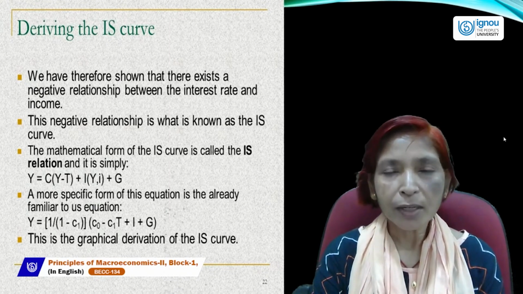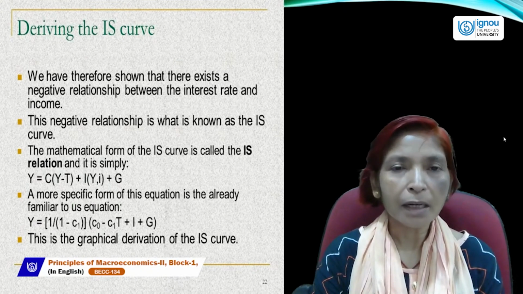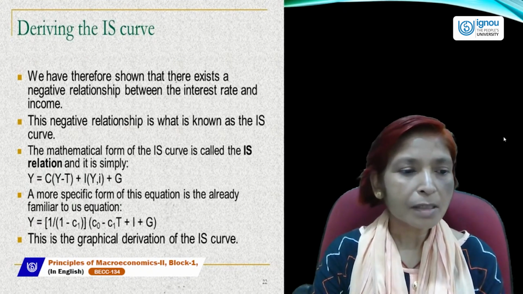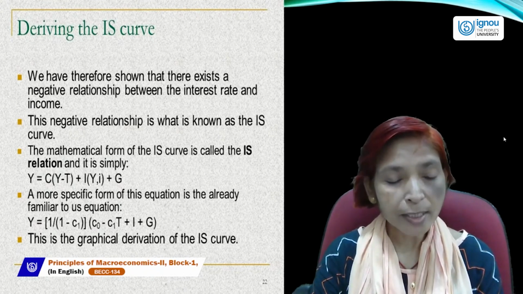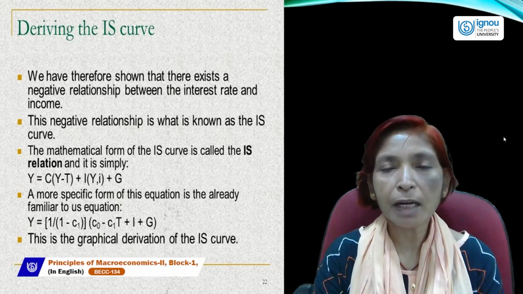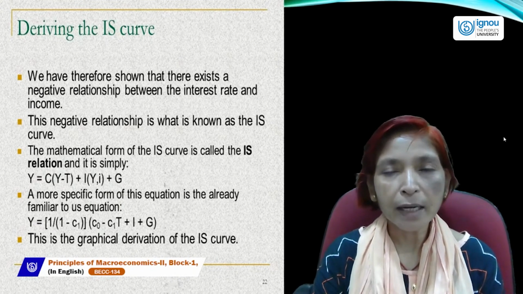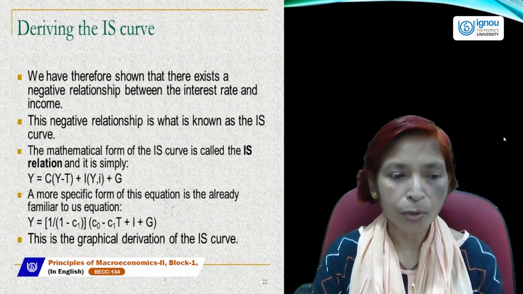So if a three sector economy exists, then we will take the IS curve equation as C plus I plus G. But if a four sector economy exists, then we will take C plus I plus G plus net export, or we can write export minus import.